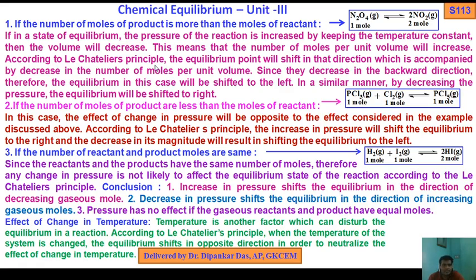According to Le-Chatelier's principle, the equilibrium point will shift in that direction which is accompanied by a decrease in the number of moles per unit volume. Since they decrease in the backward direction, the equilibrium in this case will be shifted to the left. In a similar manner, by decreasing the pressure, the equilibrium will be shifted to the right.